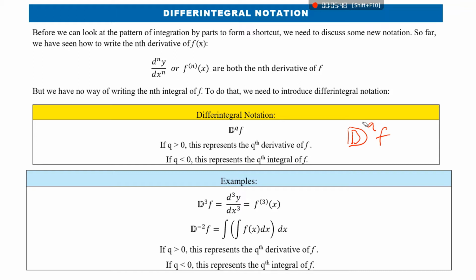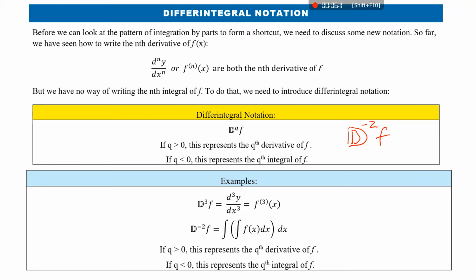If q is negative, then we'll integrate our function that many times. So if I told you d^4 f, that would mean the fourth derivative of f. But if I told you d^-2 f, that would mean the second integral of f, so we'd integrate twice.